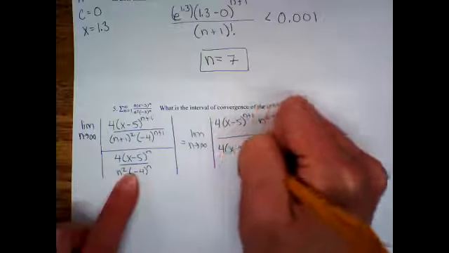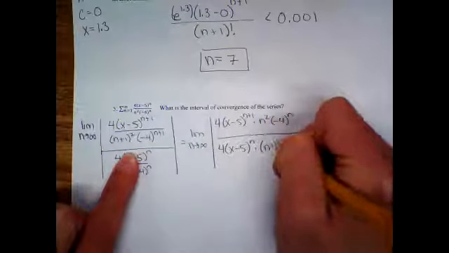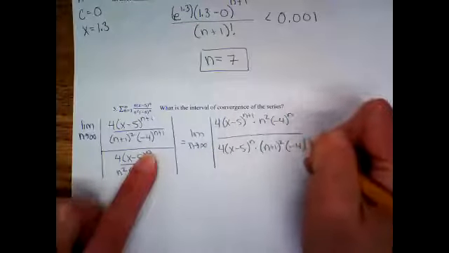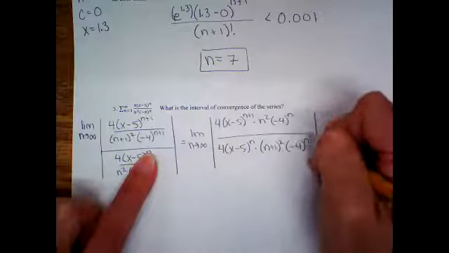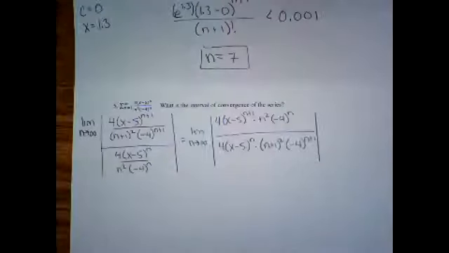And again, try to line everything up so that it all matches. And I'm going to have to come down to the next line after that because I'm running out of space. But, you know, hopefully a lot of stuff's going to cancel.